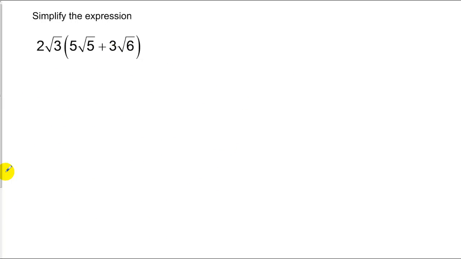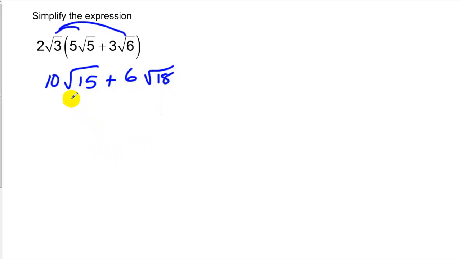So now we're going to simplify this expression. They're asking that we go ahead and multiply 2 root 3 by this quantity here. And the rules, once again, we multiply the coefficients by the coefficients and the roots by the roots. So this goes to 10 root 15 plus 6 root 18. I need to see if any of this simplifies.